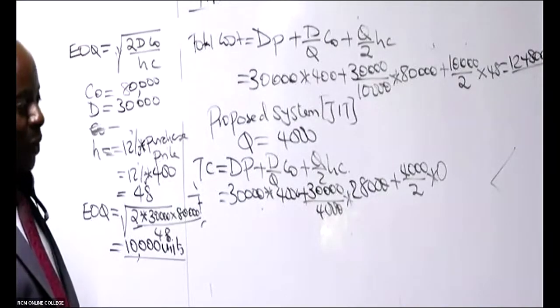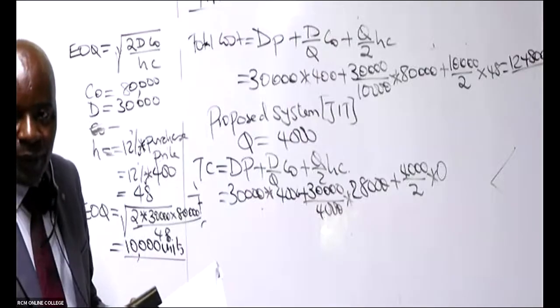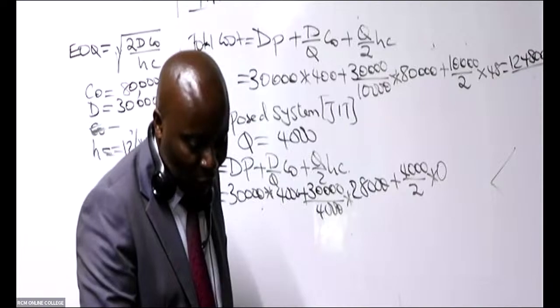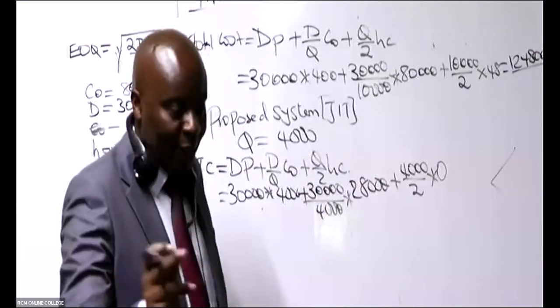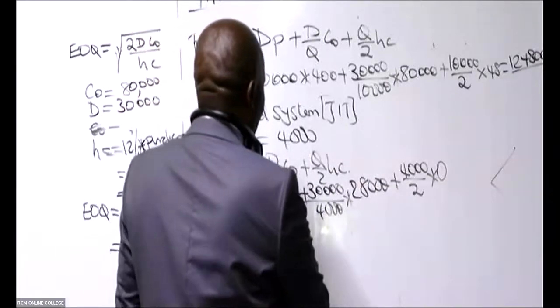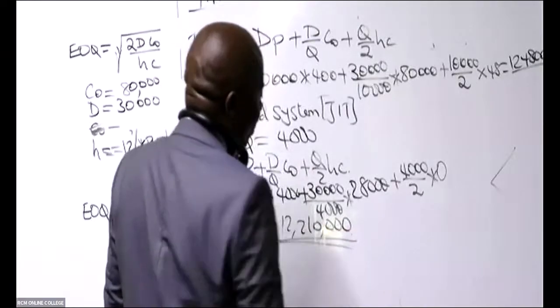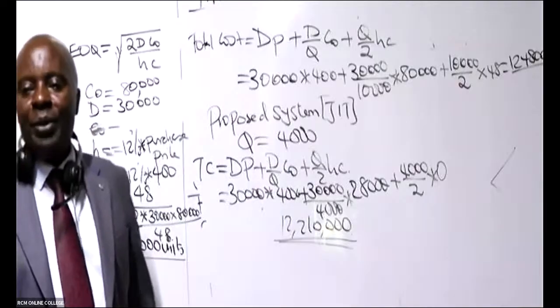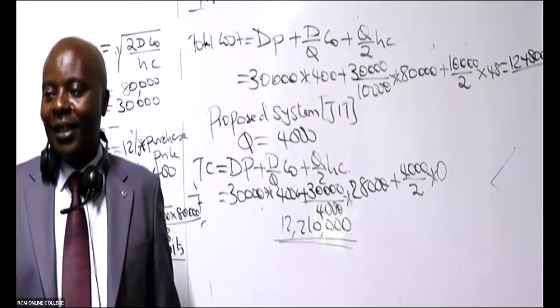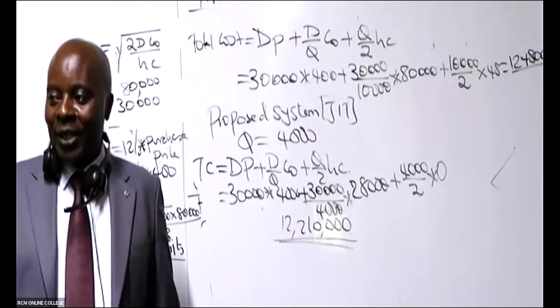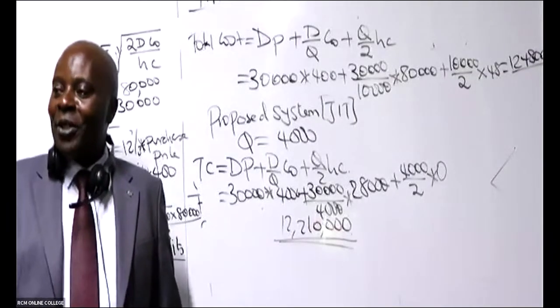So how much are we able to get, ladies and gentlemen? Now it is 12. Well, my online students are not talking to me at all today. So you're getting 210,000. So now between the two expenses, which model will you recommend on the objective of cost minimization? Do we recommend the proposed or do we stay with the current? The proposed is cheaper.